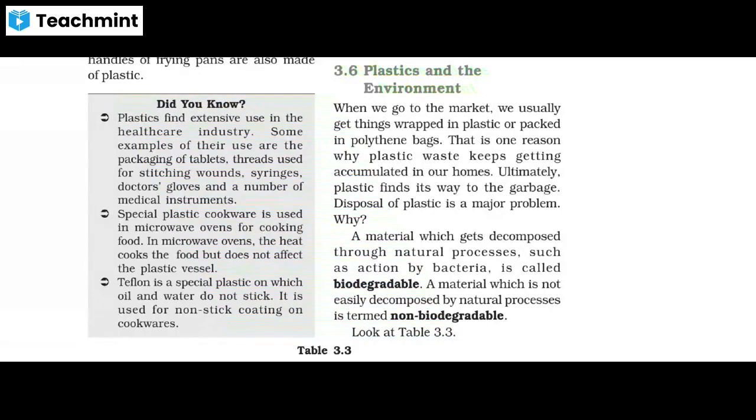If any waste is there, our kitchen waste, as well as papers or fallen leaves, fruits, these all we call biodegradable waste, because by natural process, with the help of decomposing bacteria, saprotrophs, those substances are decomposed.